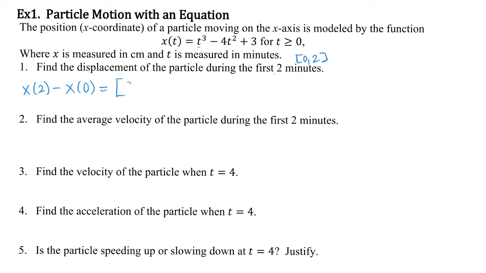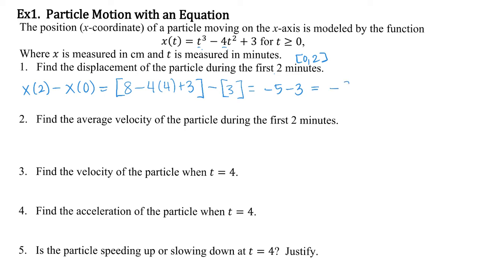That's 2 cubed, which is 8, minus 4 times 2 squared, which is 4, plus 3. And then I'm going to subtract x of 0, which is 0 minus 0 plus 3, so subtract 3. Negative 8 plus 3 is negative 5, minus 3.